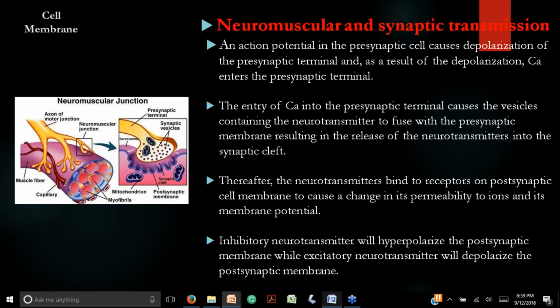All right, so talking about neuromuscular synaptic transmission, here we have the terminal ending of the axon, and here we have the muscle. These muscles are connected with the nervous system through what we call the NMJ, the neuromuscular junction.